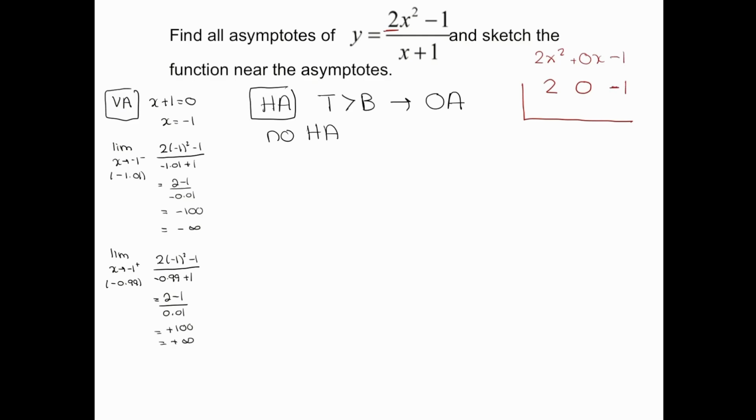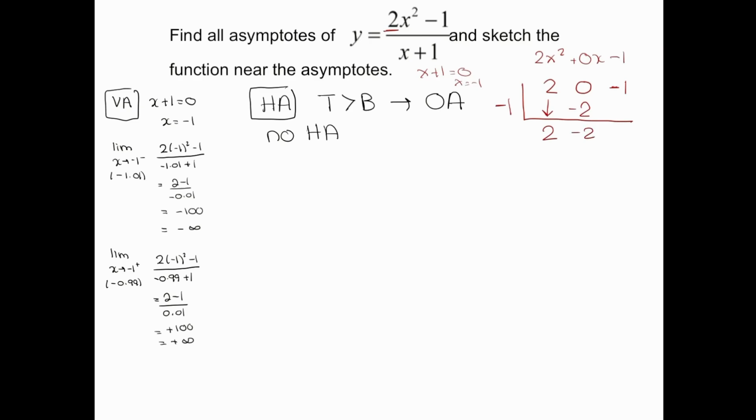Now, what am I dividing it by? Well, that's where I'm going to take a look at this x plus 1 equals 0. So I'm dividing it by -1. I'm going to bring that 2 down. -1 times 2 is -2. 0 plus -2 is -2.